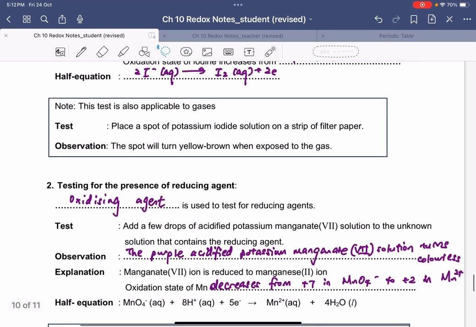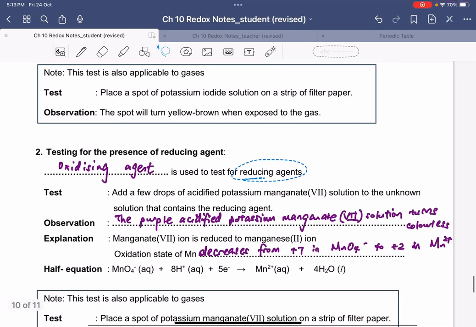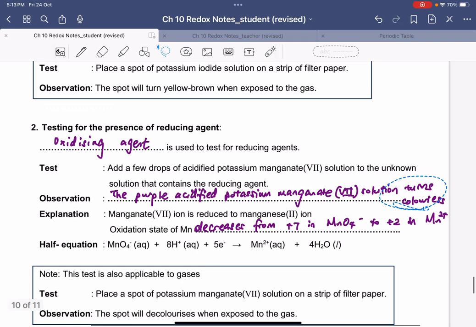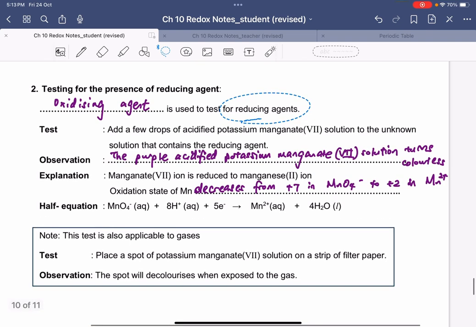So if I have to check for the presence of reducing agent, the opposite reaction can take place. I can use an oxidizing agent to test for reducing agent. So my oxidizing agent can be a purple acidified potassium permanganate. If it turns colorless, I confirm the reducing agent is present in the solution.